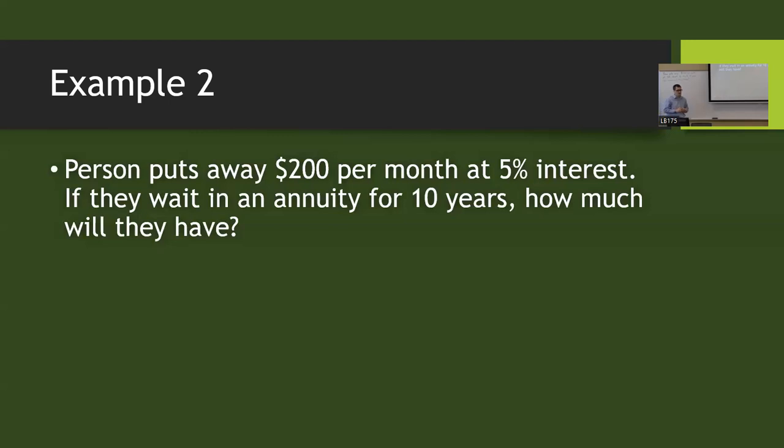Everybody get that? So they're going to put away $200 a month at 5% interest for 10 years.